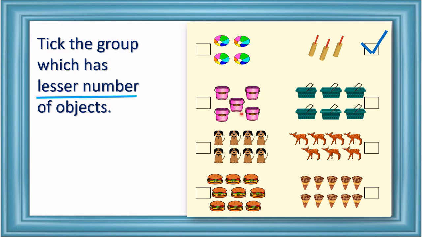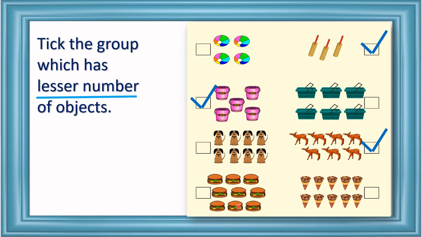Now 5 buckets and 6 baskets. Very nice. We'll take 5 buckets. Okay. Now here we can see 8 dogs and 7 deers. We'll tick here 7 deers because 7 is lesser than 8.